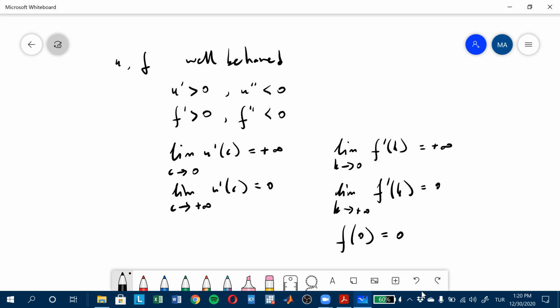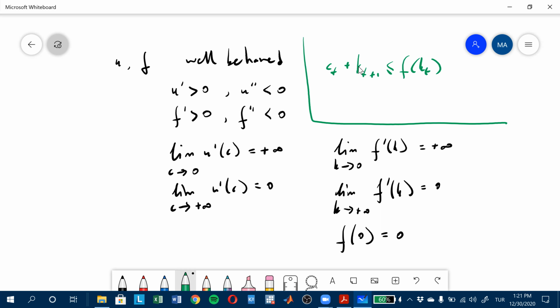All right. So the problem is really well behaved, and you also realize that this feasible set is now compact, closed and bounded. So I have C_t plus K_{t+1} less than or equal to F(K_t), and I have C_t greater than or equal to 0, K_{t+1} greater than or equal to 0.